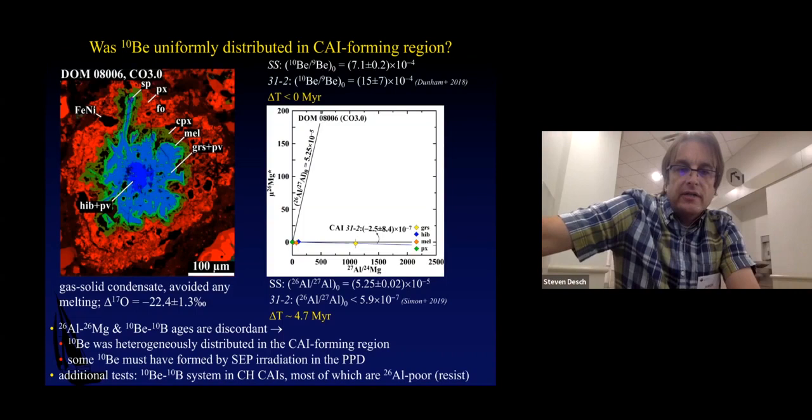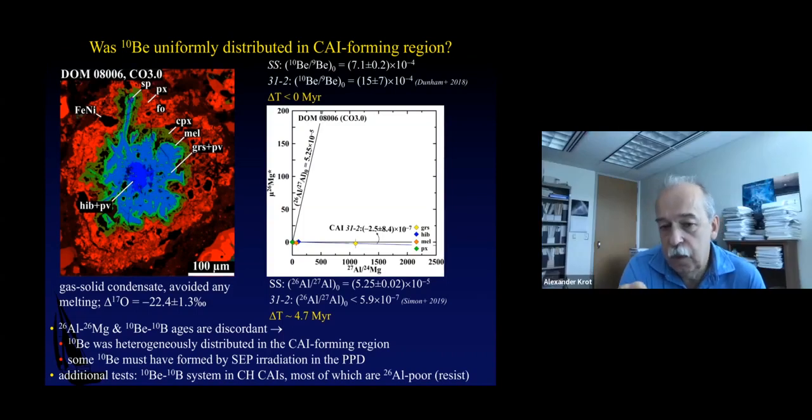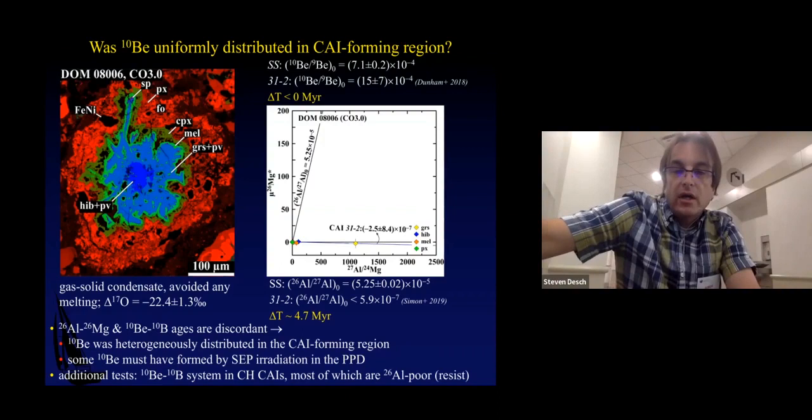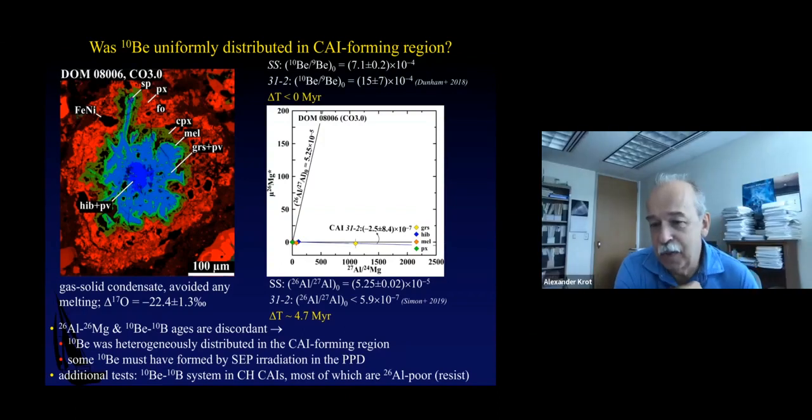And I'm sorry, Steve. We also analyzed melilite in this inclusion. It plots on the same isochron. Okay, so there is no difference. I wish we had pre-solar hibonite or grossite inside a CAI that has the canonical aluminum-26 to aluminum-27 ratio, but we don't have an example of this.